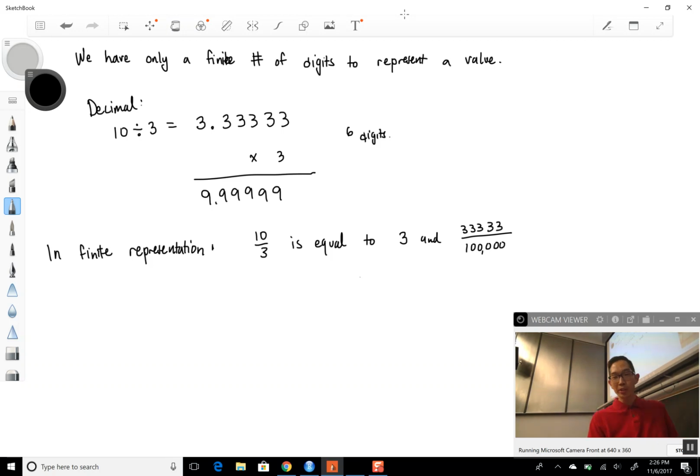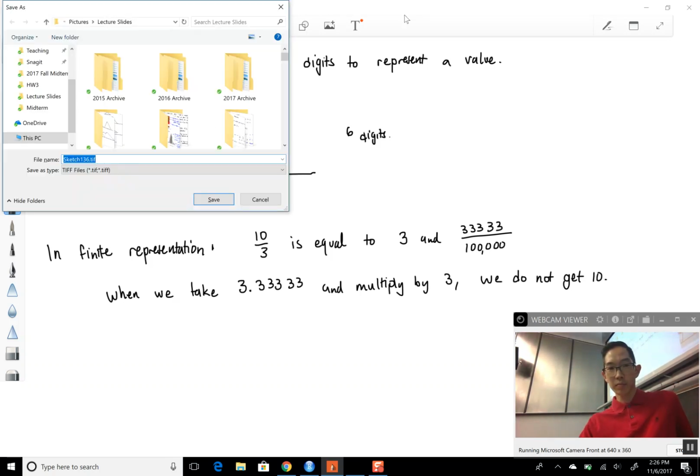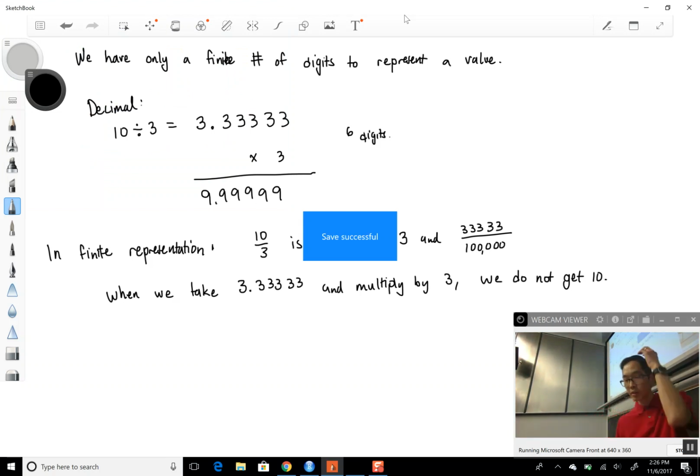And therefore, when we take 3.33333 and multiply by 3, we do not get 10. Okay, and that's effectively the problem in a nutshell. These are just things you've got to keep in mind, that if I do some kind of change here, this is not going to work.